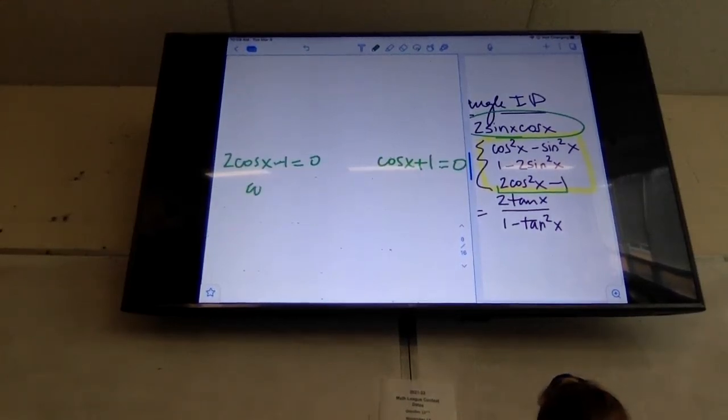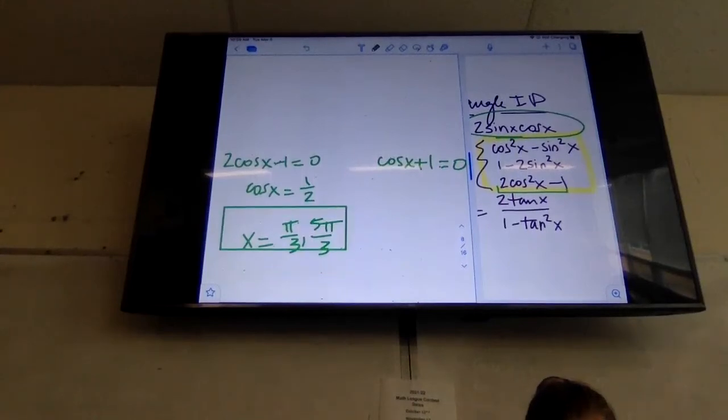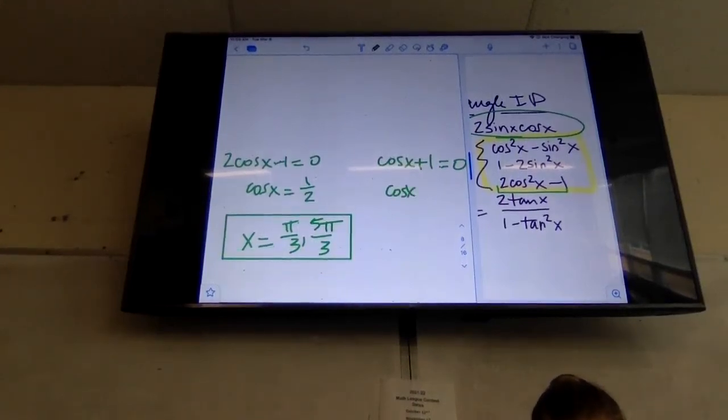Add 1 to both sides. Divide by 2, I get 1/2. Well, I've already done cosine of 1/2, and that was at 60, which is pi over 3, and then 300, which is 5 pi over 3. And then cosine x of -1. We did +1, but -1 is just the opposite side. That's 180 or pi.